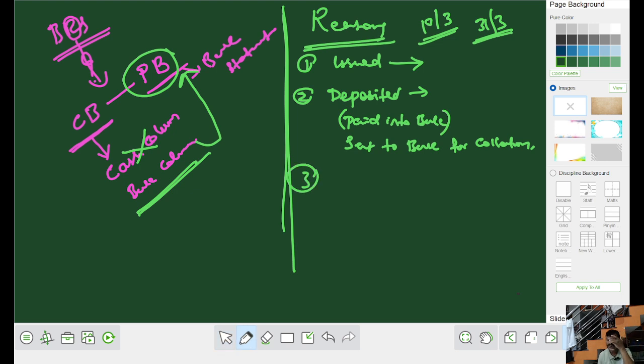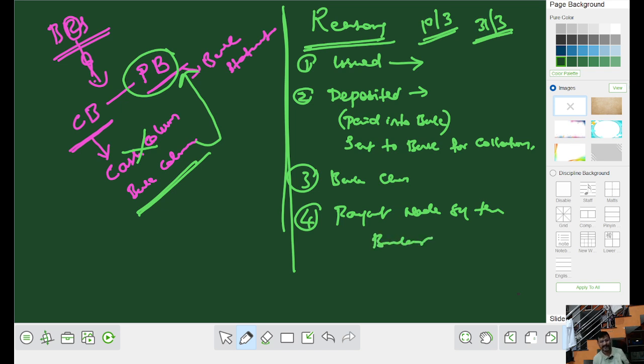Third one, there are some transactions which are purely recorded in the passbook but not in the cash book. For example, bank charges entered in the passbook but not in the cash book. Another, some payments which are made by the banker on our standing instructions, payment made by the banker but no intimation is received.